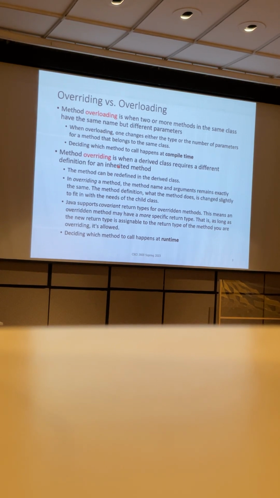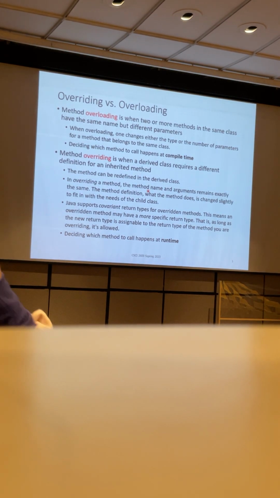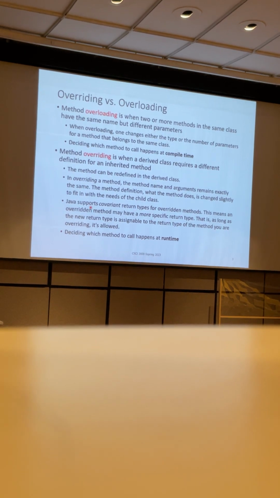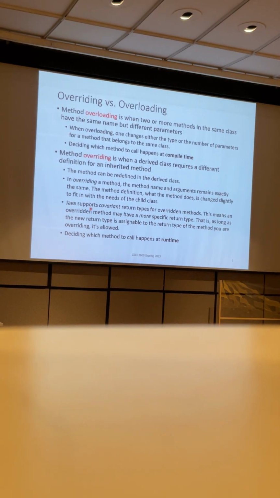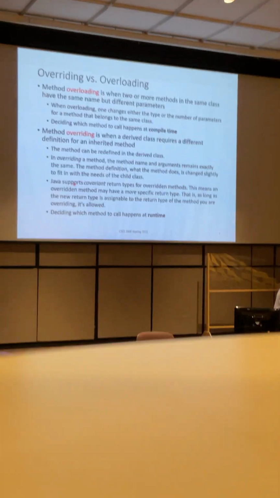Overriding, again, to sum up, basically we are providing a different implementation in the subclass. The method name and arguments have to be exactly the same, and of course the implementation of the method may be different. That's the whole purpose of overriding it.